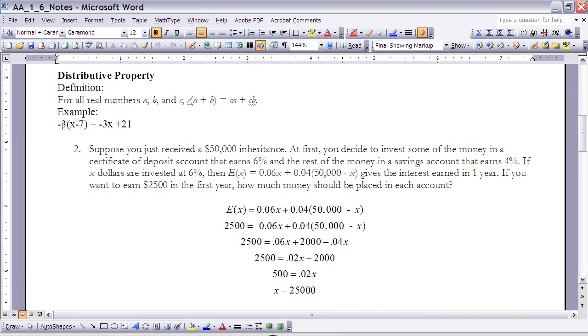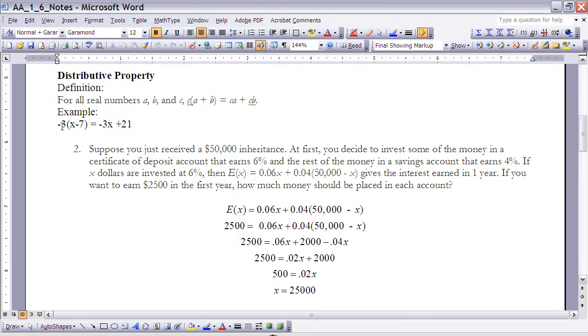The rest of the money is in a savings account that earns 4%. If x dollars are invested at 6%, then E of x = 0.06x + 0.04(50,000 - x) would give you the interest earned in 1 year. If you want to earn $2,500 in the first year, how much money should be placed in each account?